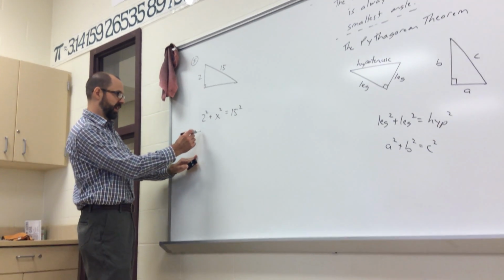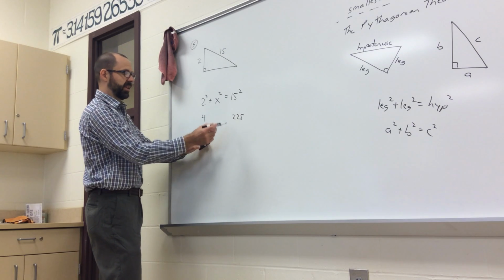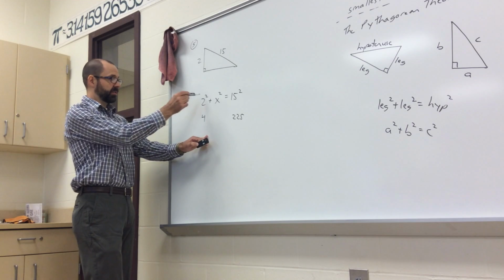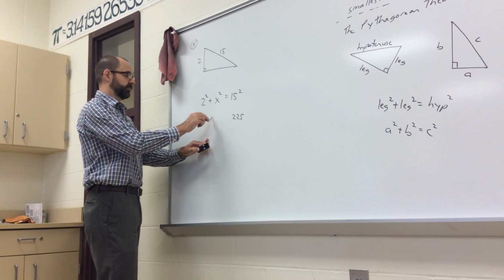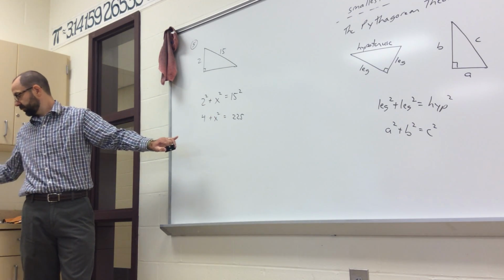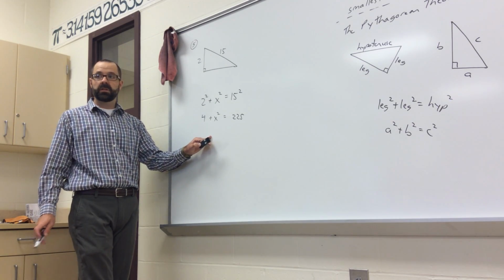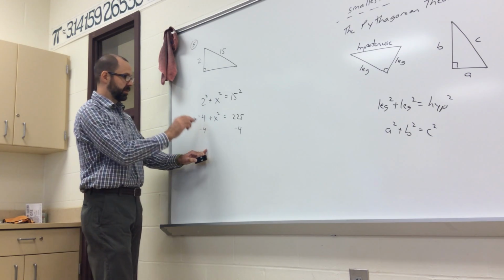Okay, so then you square everything out. 2 squared is 4. 15 squared is 225. And it would be really good if you could get into the habit of working down. So 4, 225. So then you subtract 4 to get rid of that.